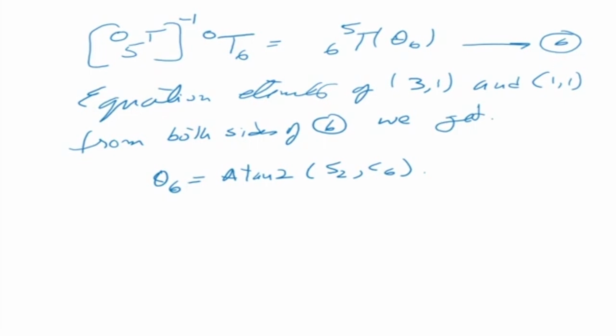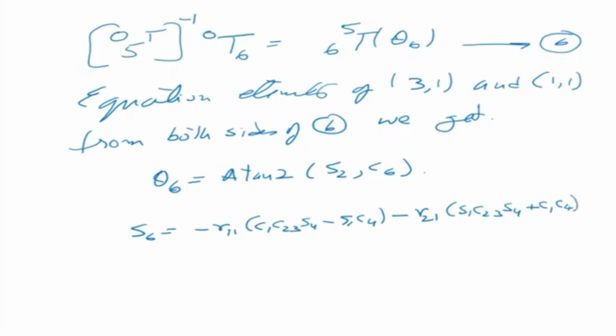Okay, so sine and cos terms are already given. So s6 is equal to minus r11 c1 c2 3 s4 minus s1 c4, minus r21 s1 c2 3 s4 plus c1 c4, plus r31 s2 3 s4. This is one, and c6 is equal to r11.